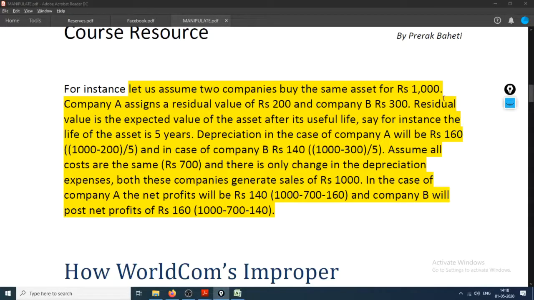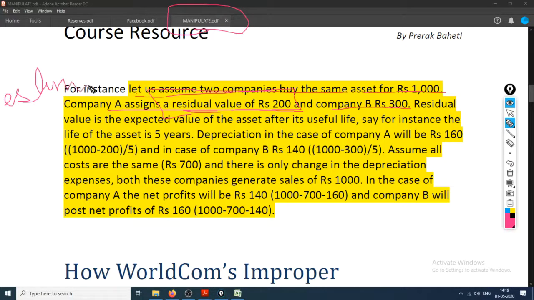Now coming back to this sheet of depreciation, this is the manipulation sheet of depreciation. Let us assume two companies buy the same asset for 1000. Company A assigned a residual value of 200 and company B a residual value of 300. This scrap value is the amount the asset will be sold for after a certain period of time, the left out value of an asset, and it depends totally on estimates and management policies which can easily be manipulated.